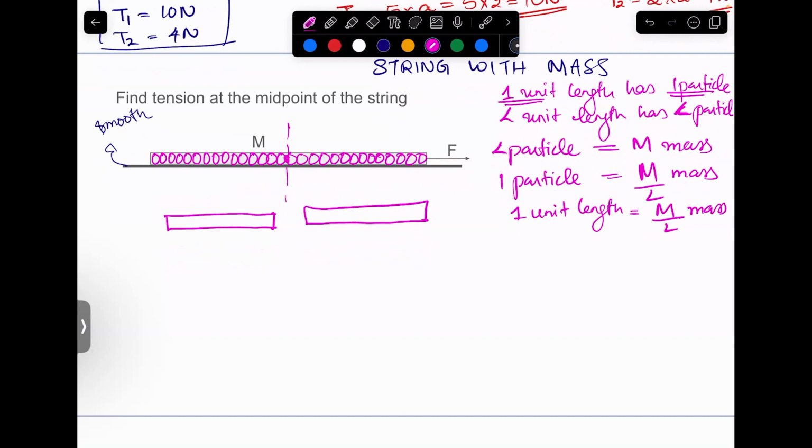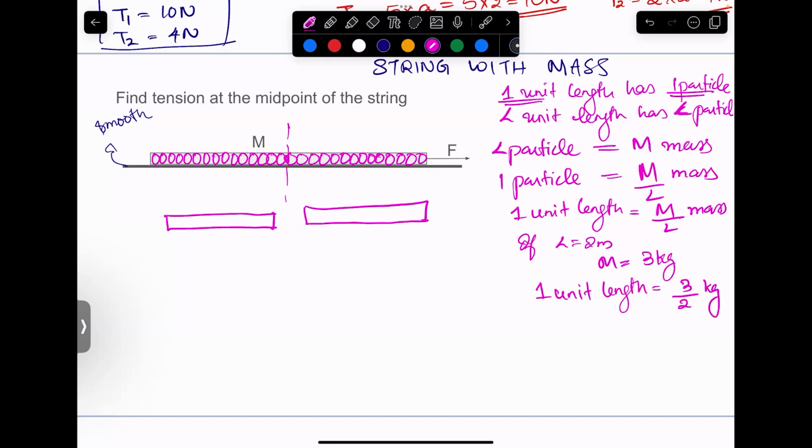So if this string is 2 meter in length, L equal to 2 meter and m equal to 3 kg, what will be the mass of one unit length? One unit length will have 3/2 kg mass.